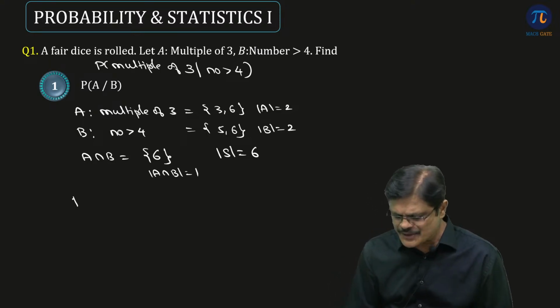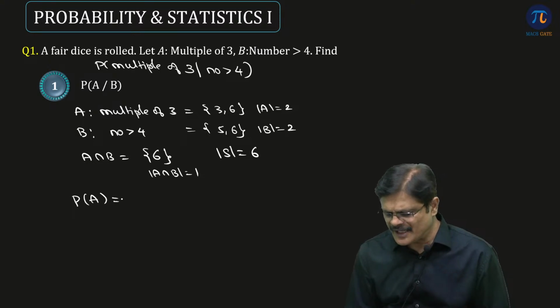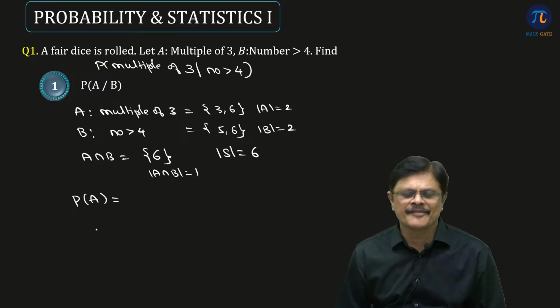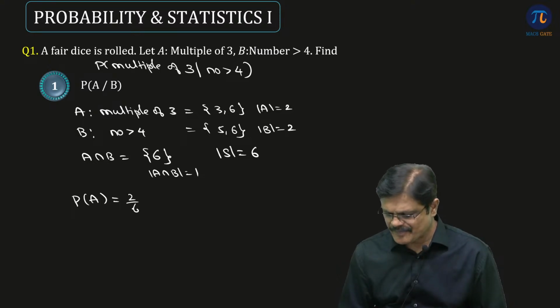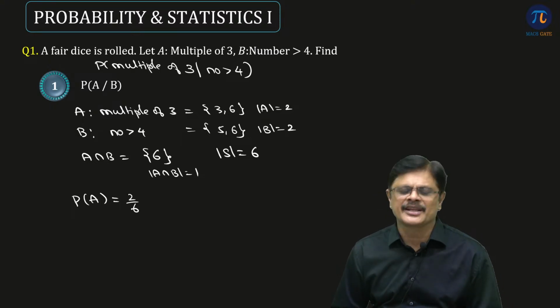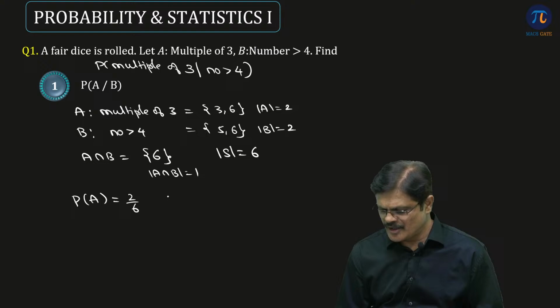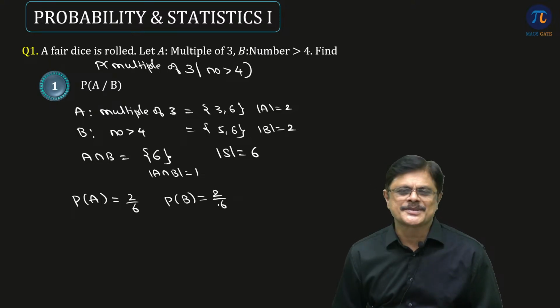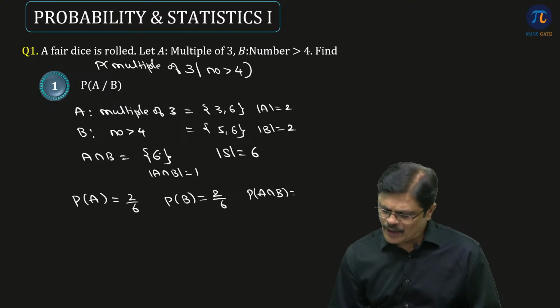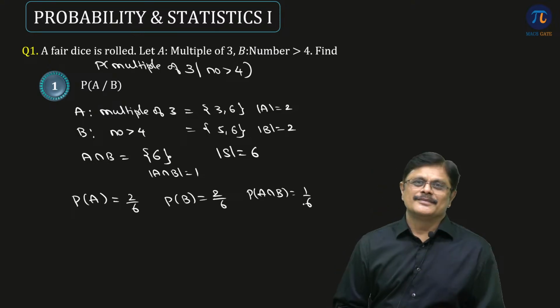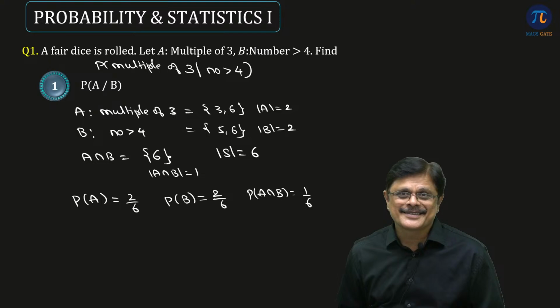So now I ask you, what is probability of A? That is, what is the probability of a multiple of 3? 2 out of 6 favorable. What is the probability of a number greater than 4? 2 out of 6 possible. What is the probability of A intersection B? 1 out of 6 favorable. Now I have these probabilities.